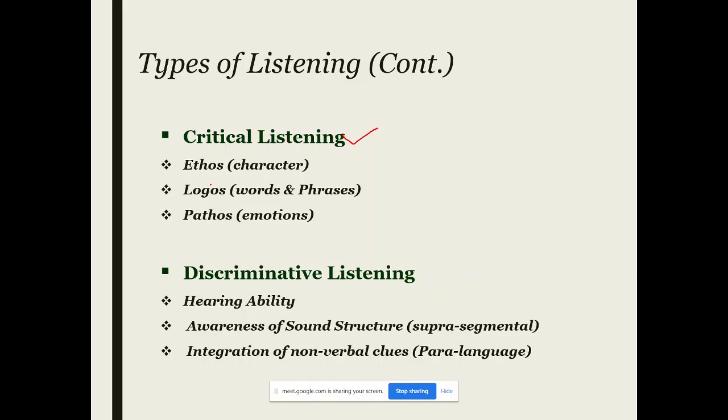Critical listening involves our ability to understand the character of the speaker. I mean, the credibility of the speaker. Rather than saying character, I should say credibility. Whether whatever the speaker is saying, whether he is credible or not, whether we can trust him or her or not.